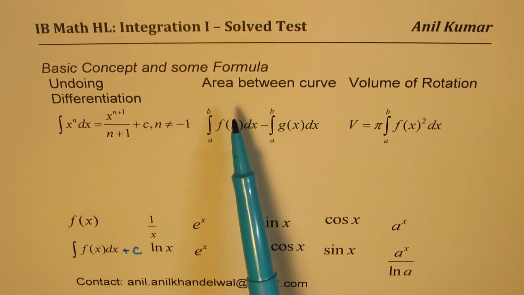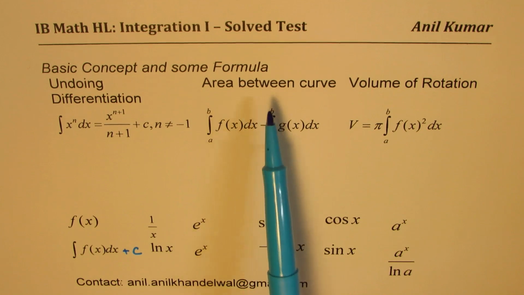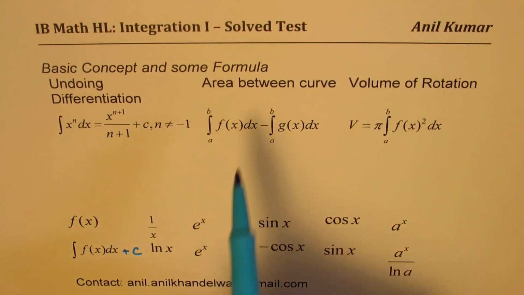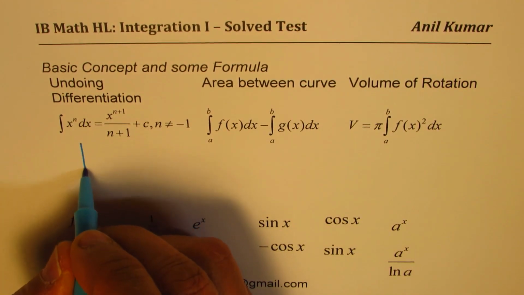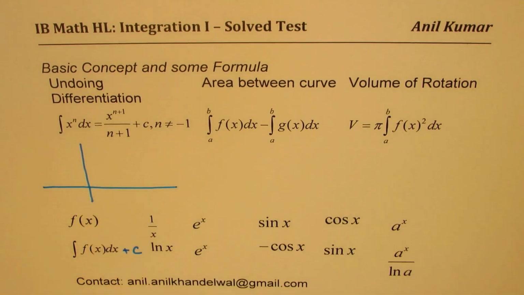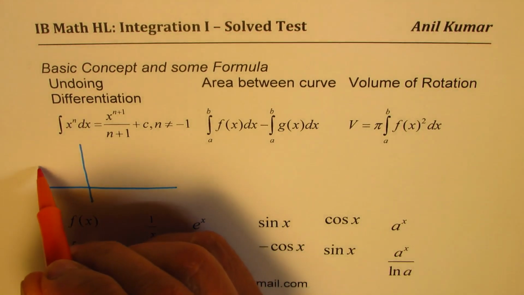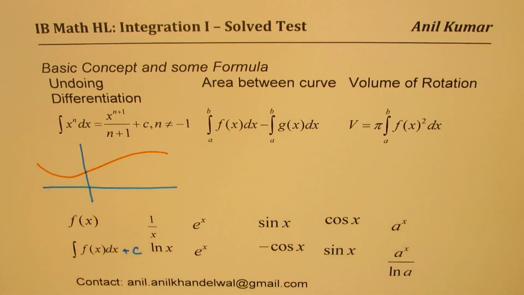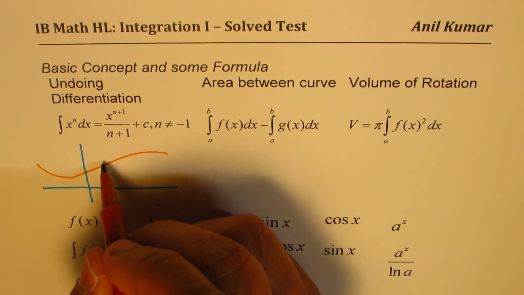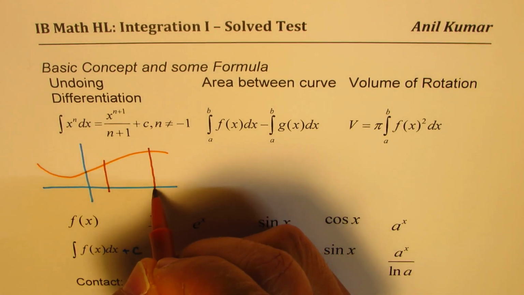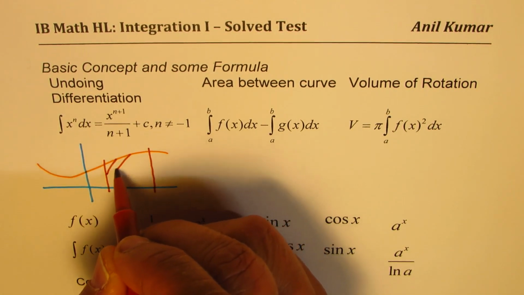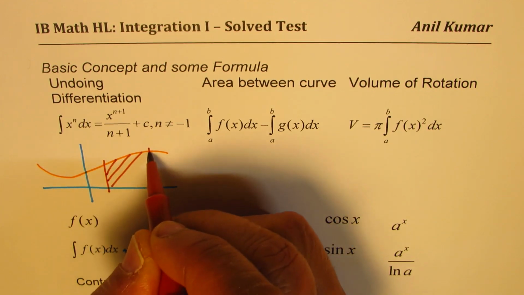Then we'll have questions based on area between the curves. In area between the curves, we'll have a question based on area between the curve and the x-axis. So one type of question will be finding area between the curve and the x-axis in a given interval.